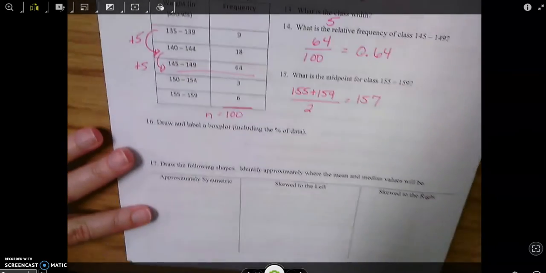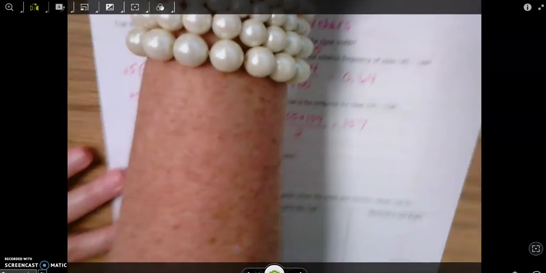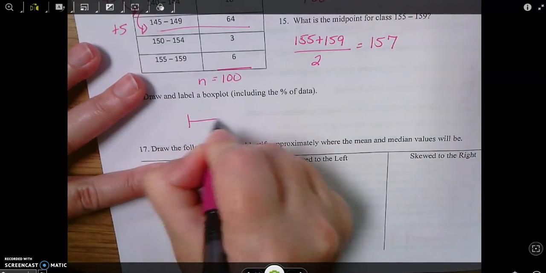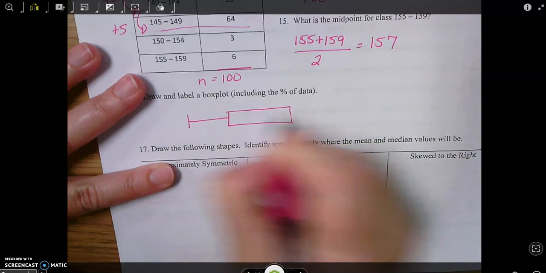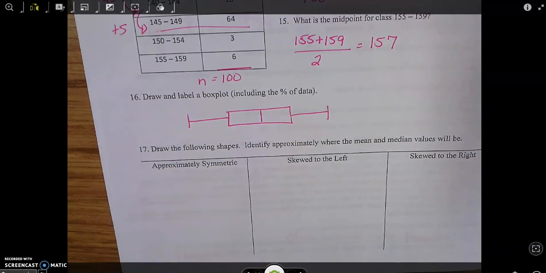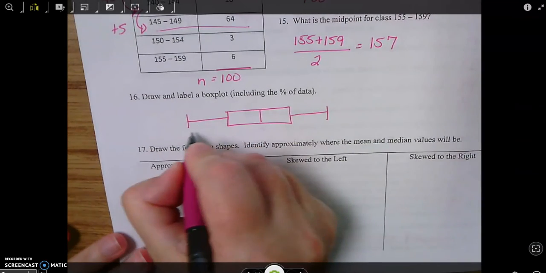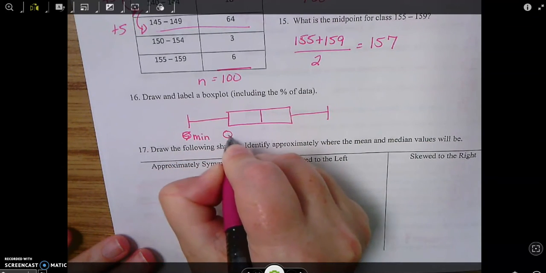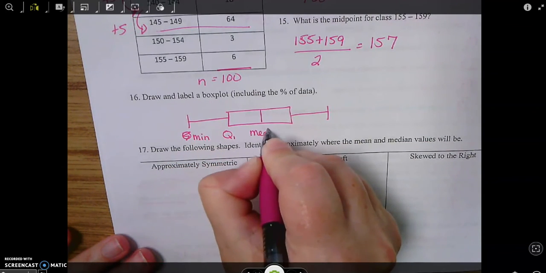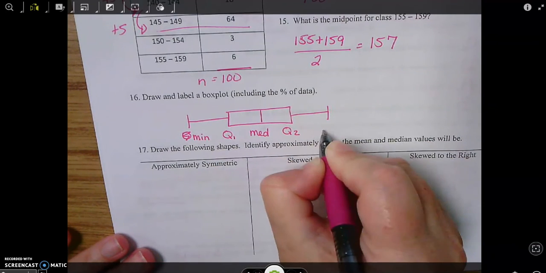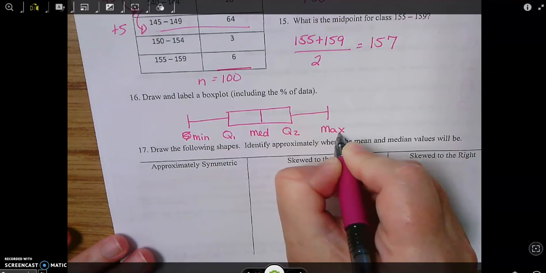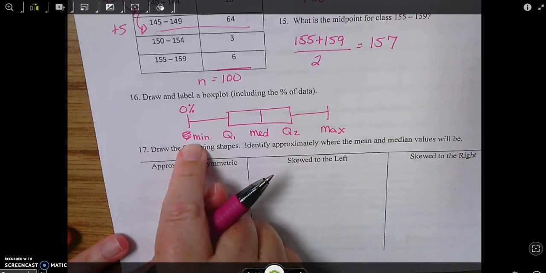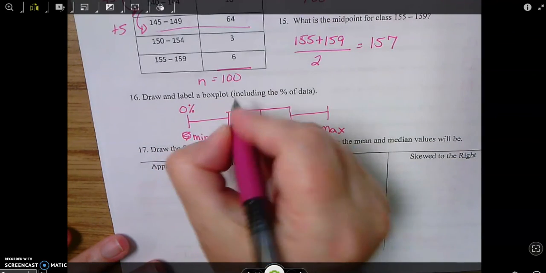Now, sorry. Box plot. So we have this, this, this. So minimum, Q1, median, Q2, and max. 0% is at minimum because that's our starting point.